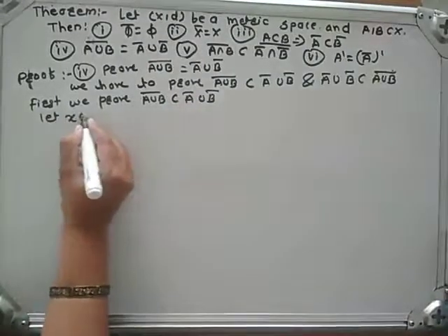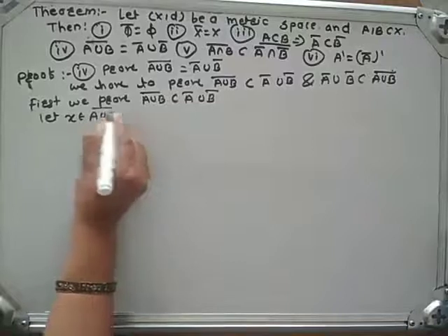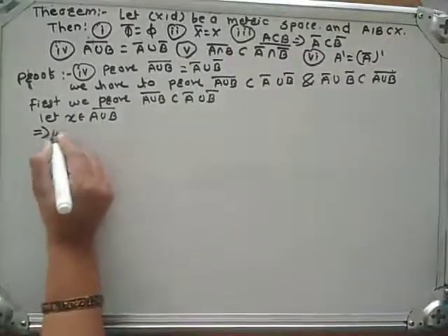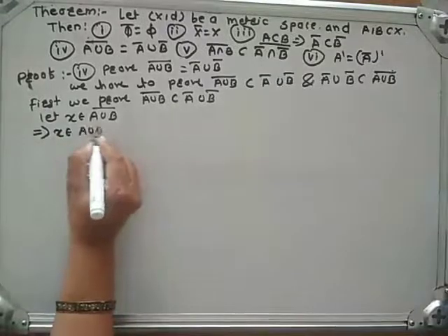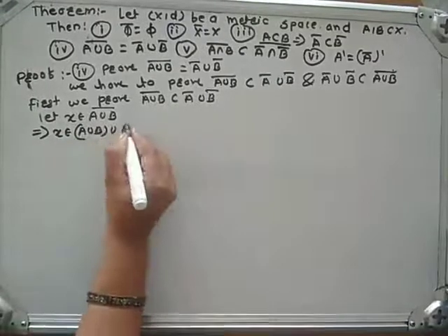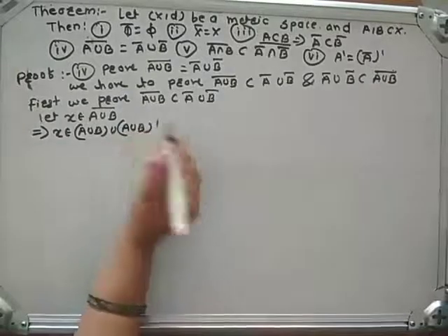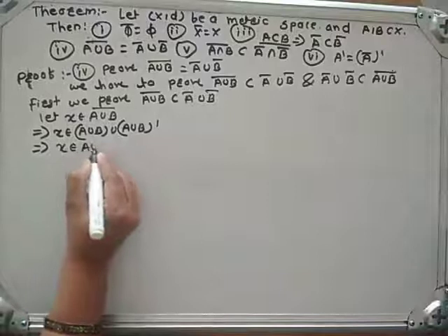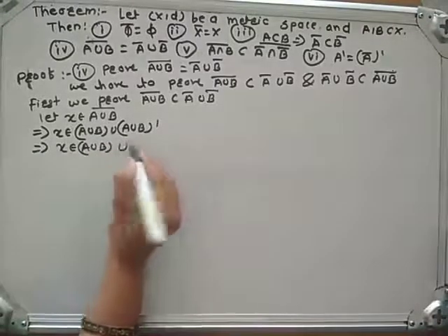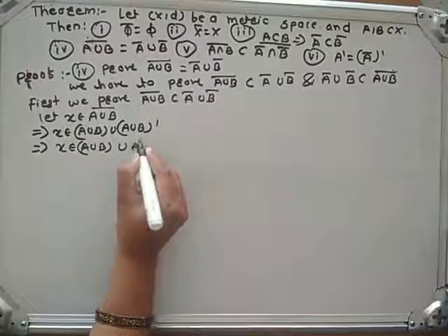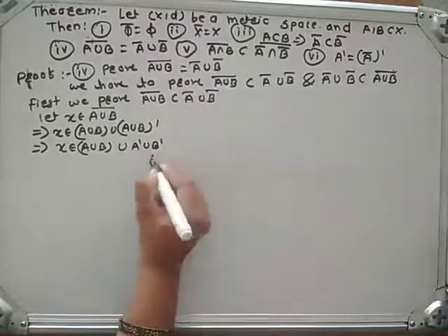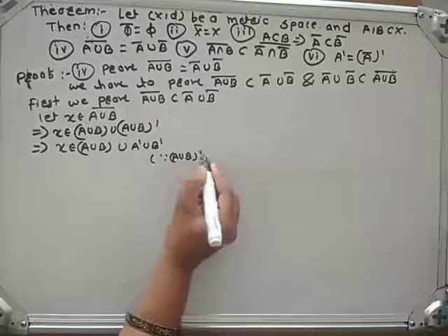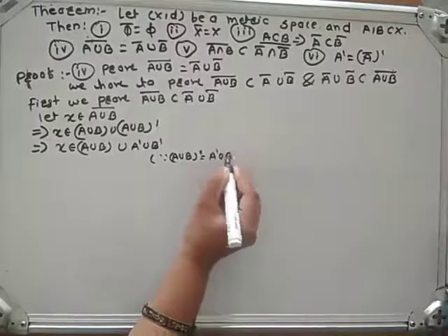Let x belong to closure of A union B. That implies x belongs to (A union B) union (A union B) dash. By definition of closure, x belongs to (A union B) union (A dash union B dash), since (A union B) dash is equal to A dash union B dash.